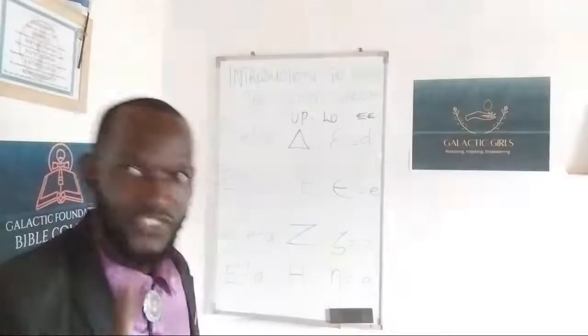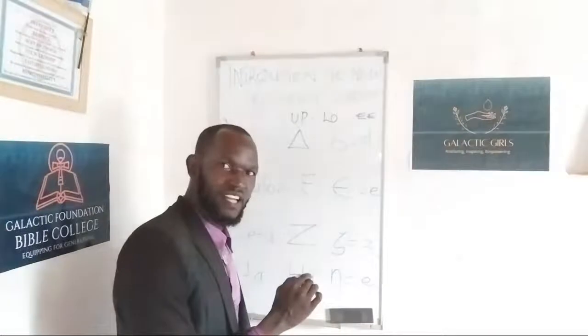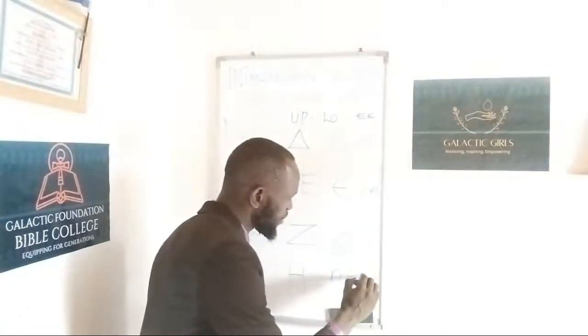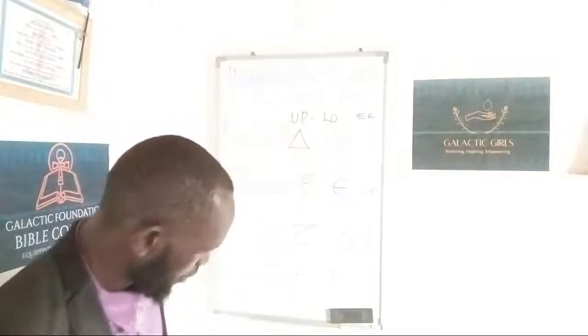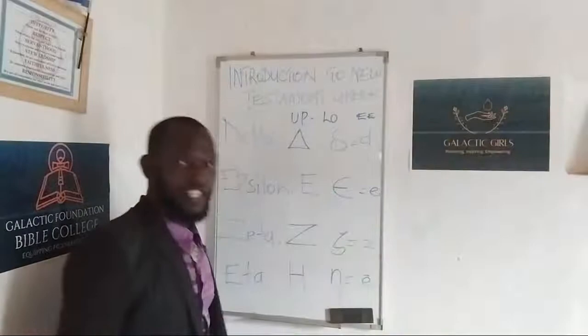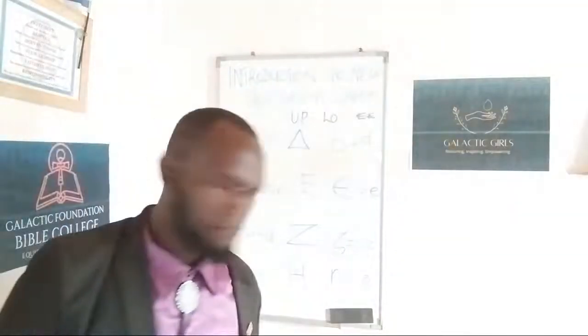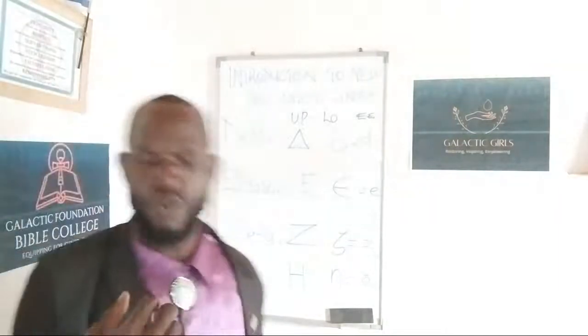However, when you find it, you'll discover that this eta, the E, when it's used, it will be written with this bar on top, which means they're telling you that eta is used where the sound of the E is strong and prolonged.